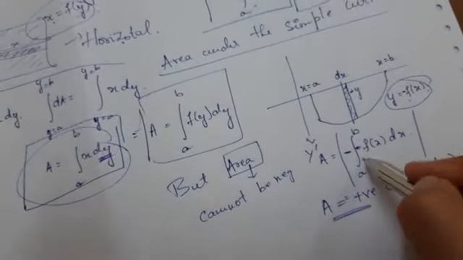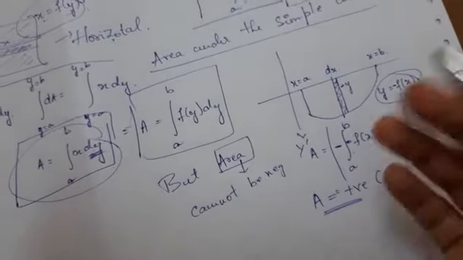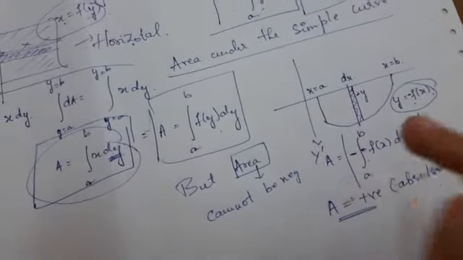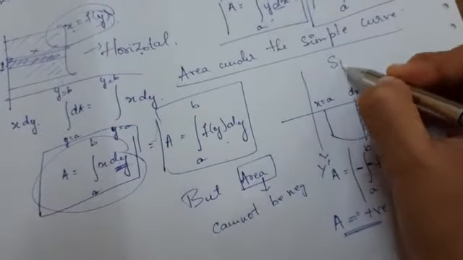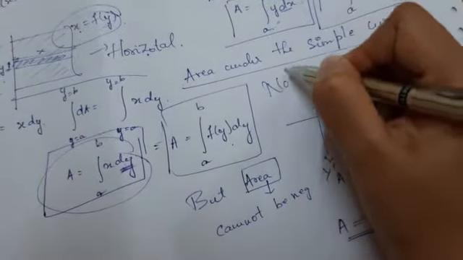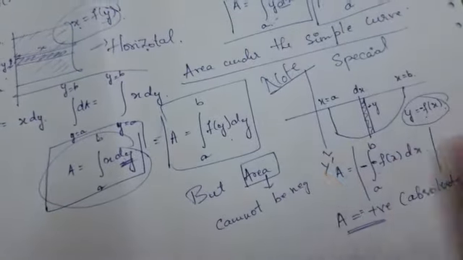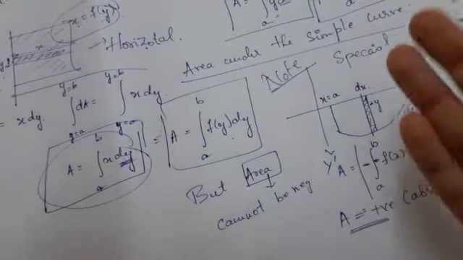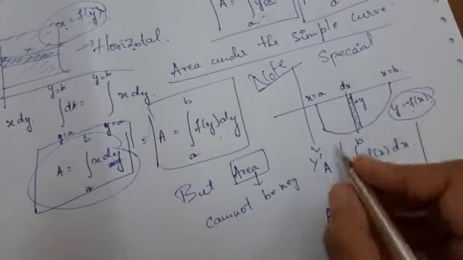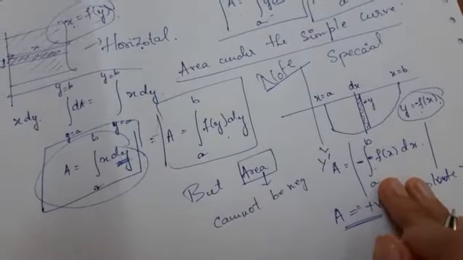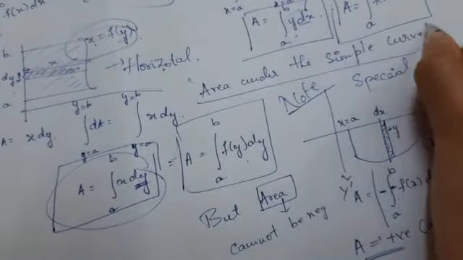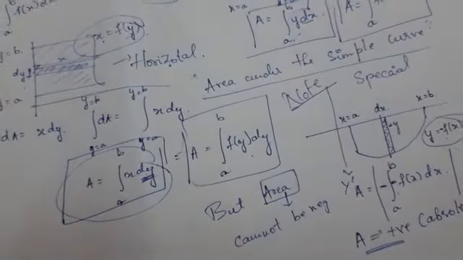Suppose we have a negative f of x or negative f of y, at that time we take the absolute value. This is the special case which we need to note down. So when we are having a negative f of x or f of y, a curve, at that time we take the absolute value so that the area cannot be negative. This is the important thing under area under the curve, which needs to be remembered.